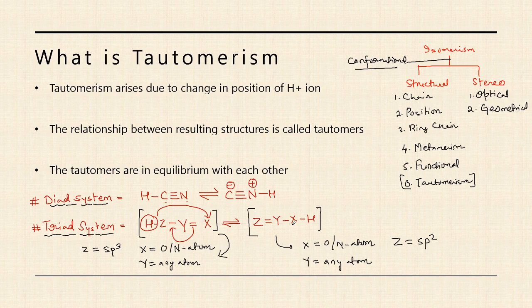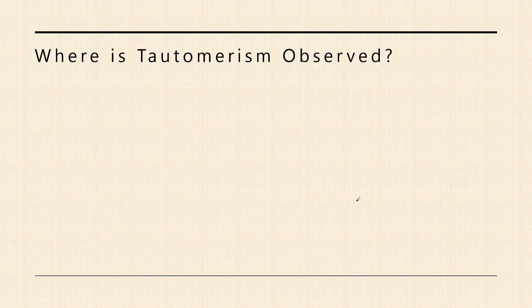Now अगर हम इनके एग्जाम्पल्स डिस्कस करें कि टॉटोमेरिज्म कहां कहां पे ऑब्जर्व किया जाता है. If we observe where tautomerism is found, then we can give certain examples.